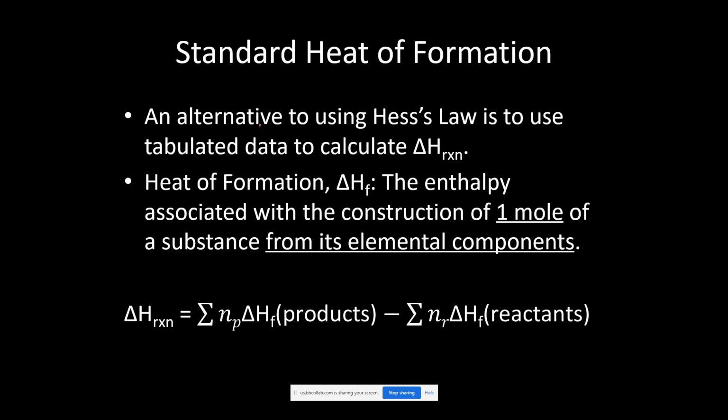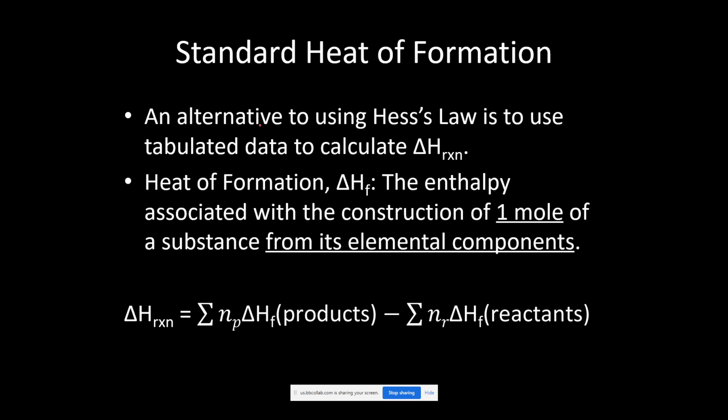So you will be doing standard heats of formation on the exam. That is much easier to do. I can just give you the reaction, and then you will be expected to look up the values in the appendix. So the values will not be listed in the question itself.